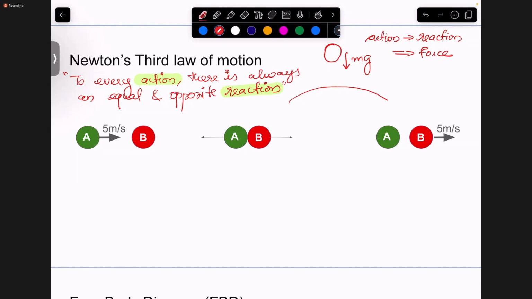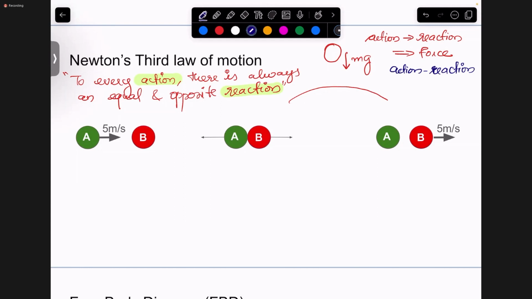It states that forces always occur in pairs, and if you take one pair of forces, it is always equal and opposite. So this is called an action reaction pair. Action reaction pairs are pairs of forces that occur simultaneously.